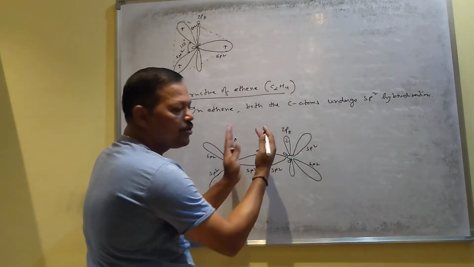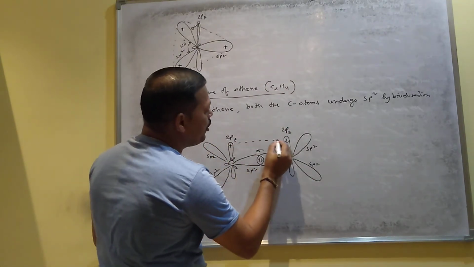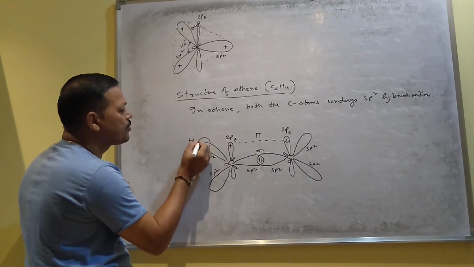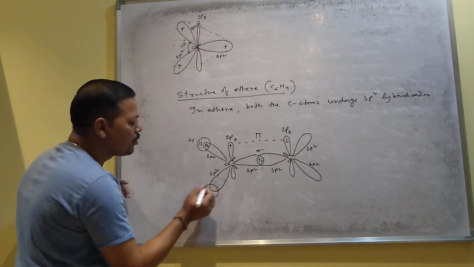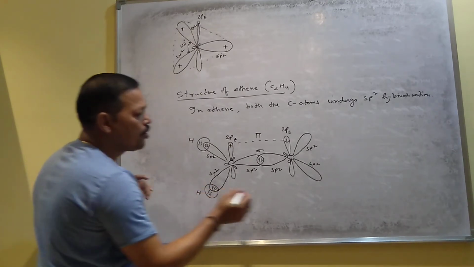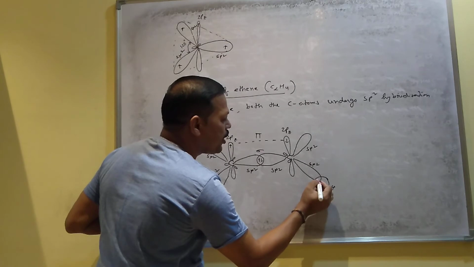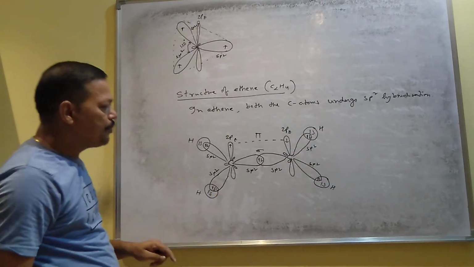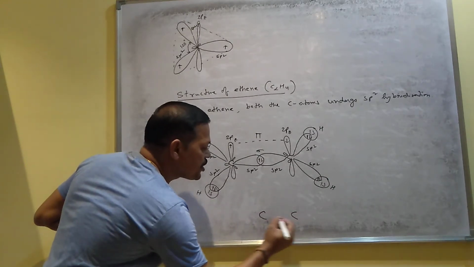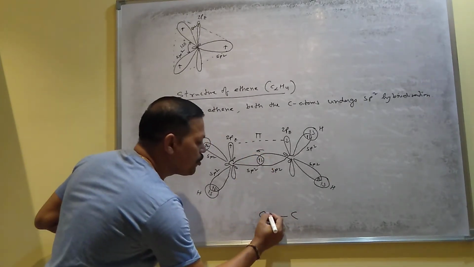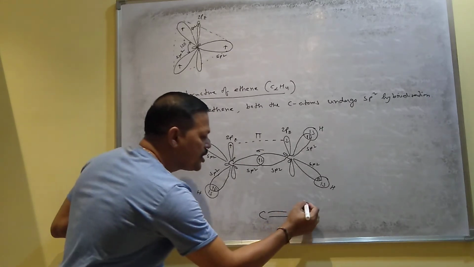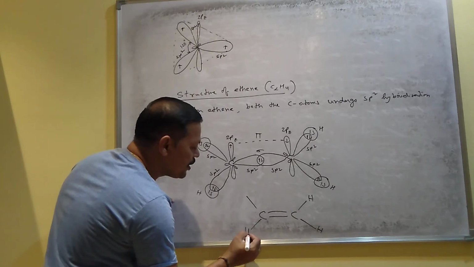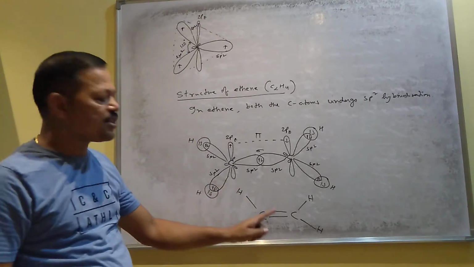Since these two are parallel to each other, when they overlap, they will form a pi bond. 4 hydrogens are present, 2 hydrogens overlap with this to produce a sigma bond, and another 2 hydrogens overlap with this sp2 of the other carbon like this. So ultimately, carbon-carbon produces first a sigma bond, then a pi bond will be present, I mean a double bond will be present. This side one carbon-hydrogen sigma bond, this side one carbon-hydrogen sigma bond, and this side one, and this is the structure of ethene.